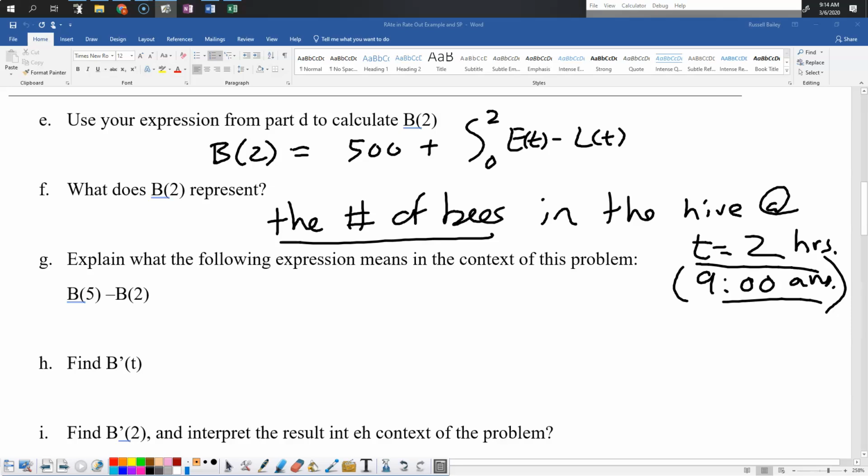I have a question. Wouldn't it be E of 2 minus L of 2? That's a good question. So the answer is no. And that's why I think a lot of times when they do the setup, they'll tell you to put X in, and so your X would go here. But this is just going to stay the same. The reason for that is because when you're integrating, you're integrating something that's changing. The rate at which bees are coming into the hive and the rate at which they're leaving is changing over time.